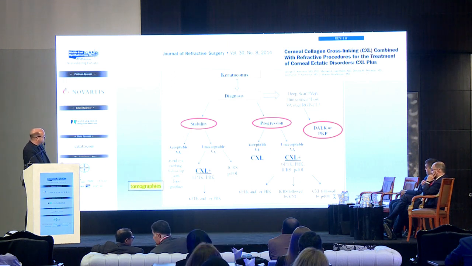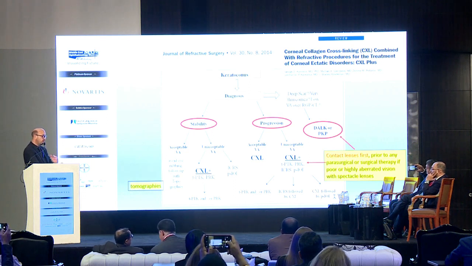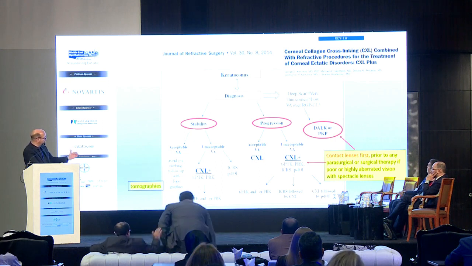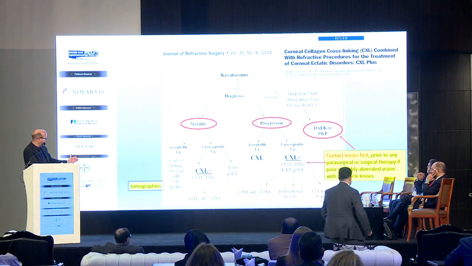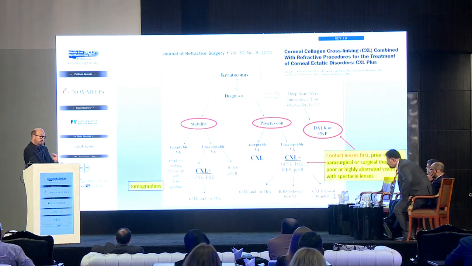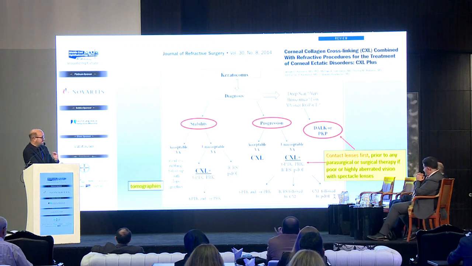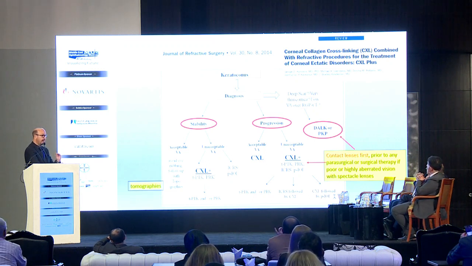You can see that if we have a stable or stabilized keratoconus, or we want to stabilize keratoconus and include also TPRK or PRK, we first need to prescribe contact lenses to our patient. If the patient doesn't tolerate them, we can check if this technique is indicated.